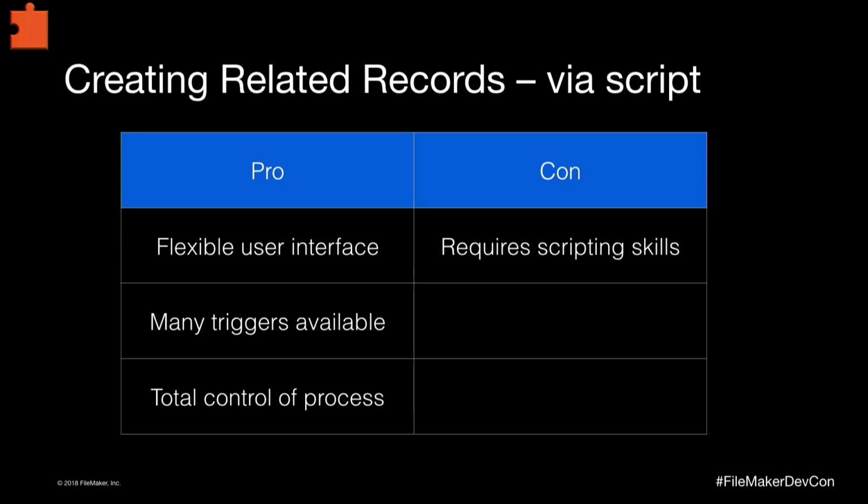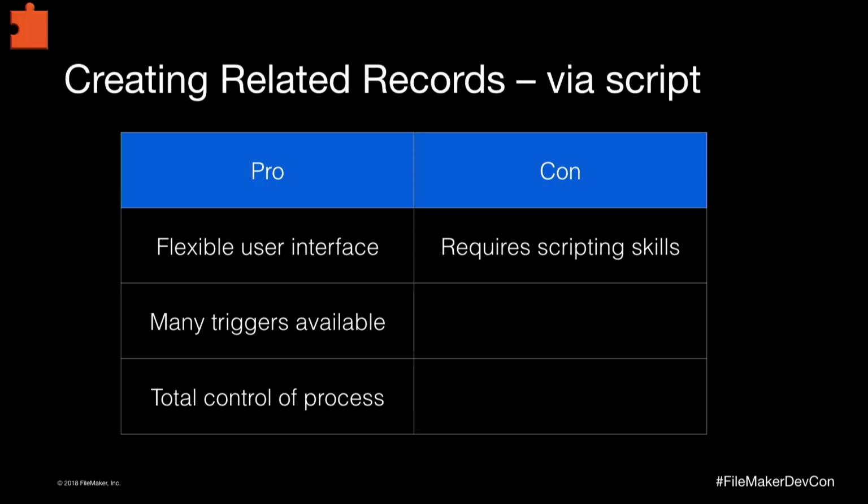Now the advantage of doing it with a script is that you've got the possibility of a very flexible user interface. You're not limited to editing data in a single row of a portal. There are lots of triggers that are available to say do this, do this, do this when the user does these things, and you've got total control of the whole process. If the user says cancel, you can say, right, I'm going to automatically delete that record without asking them.